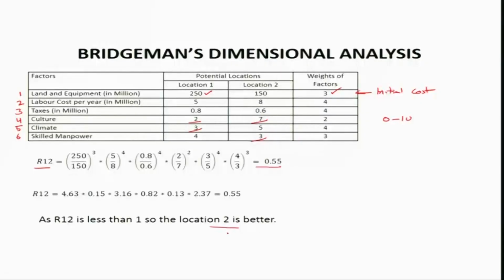We will compare 2 with 3, and if we find again that 2 is better, then we will compare 2 with 4, like this. Based on that, at the end we will see which particular location survives and beats all other locations, and that location we are going to select.